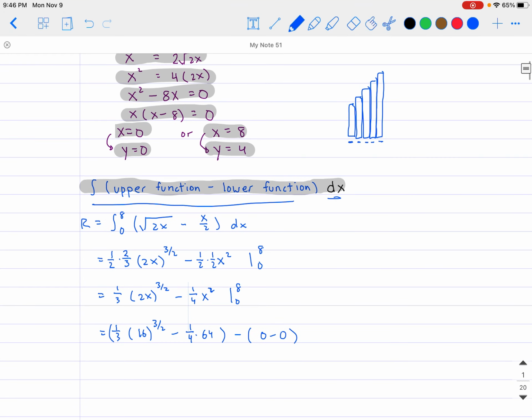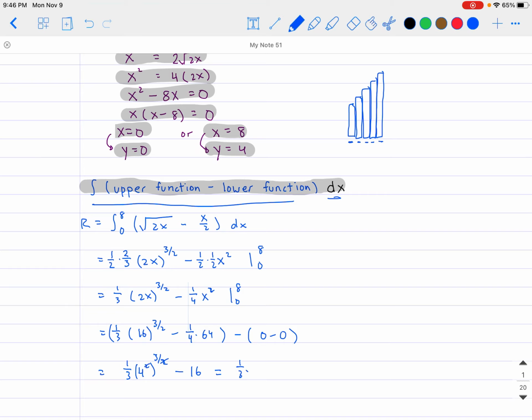So finally, if we clean this up even more, 16 raised to the 3/2, you can look at that 16 as 4 squared. Then we have the 1/3 multiplied to it, and then we have the 3/2 right there, which we can take care of in a sec. And then 1/4 of 64, I do believe, is equal to 16. So the square and the 1/2 cancel out.